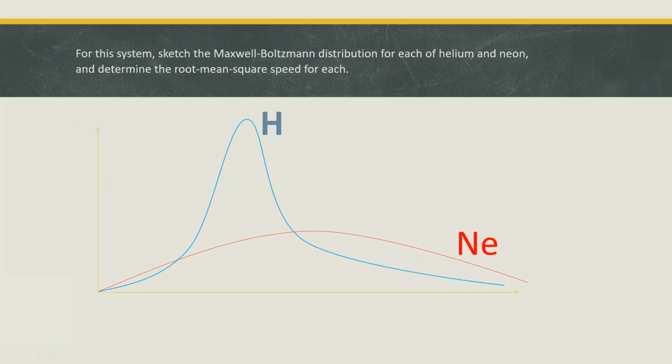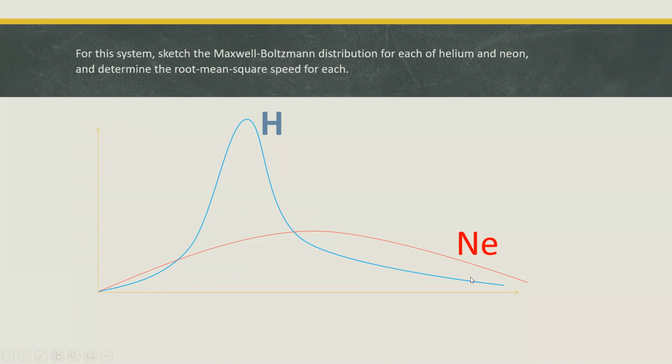Now, the third part of the question is asking us to sketch the Maxwell-Boltzmann distribution and then work out the root mean squared speed for each. Now, this is the Maxwell-Boltzmann distribution for both.